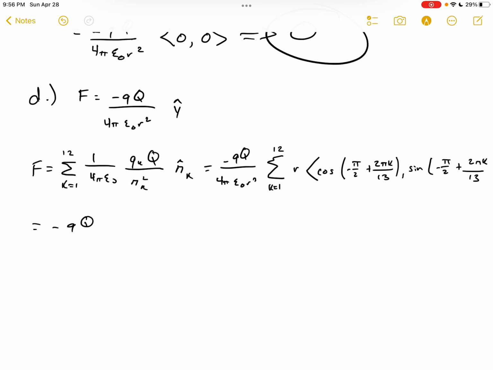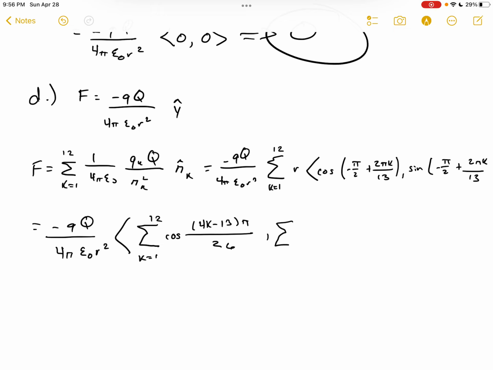We get negative q big Q over 4 pi epsilon naught r squared times our position vector, cosine and sine of (4k minus 13) pi over 26.